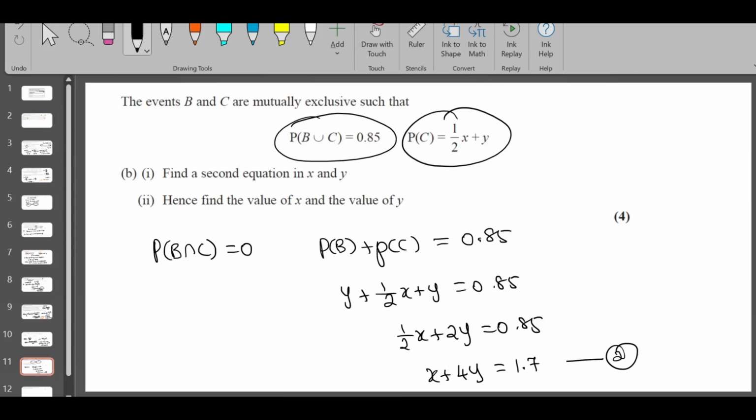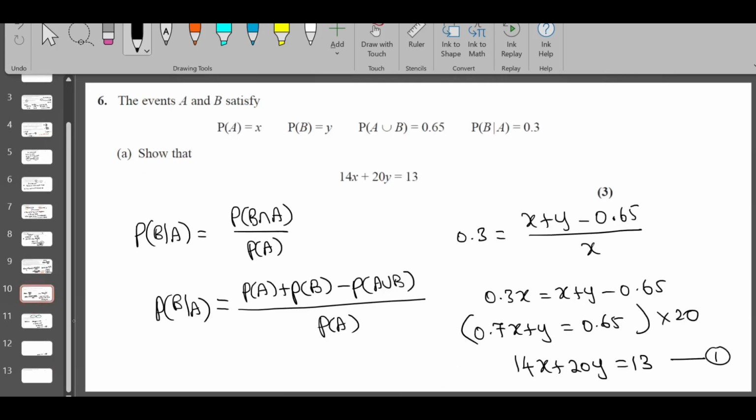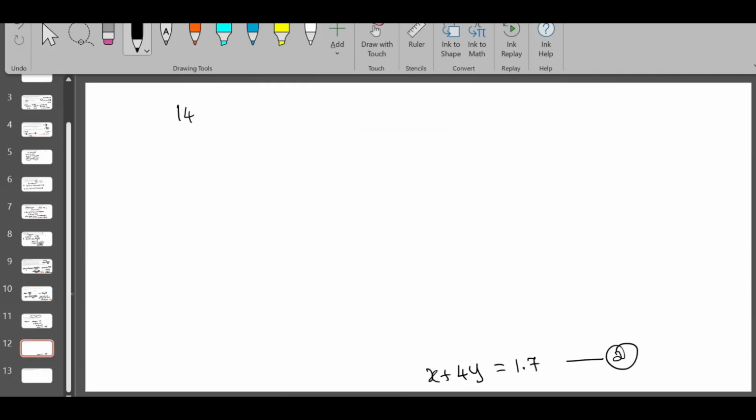Then solve equations 1 and 2 now. This is equation 1: 14x plus 20y is equal to 13. And then I'm going to multiply the second equation by 5. So 5x plus 20y is equal to 7 5s are 35, 8.5.